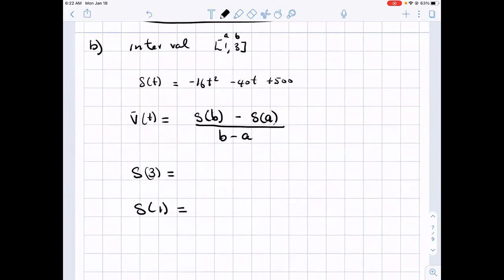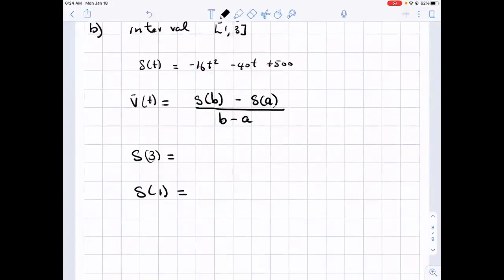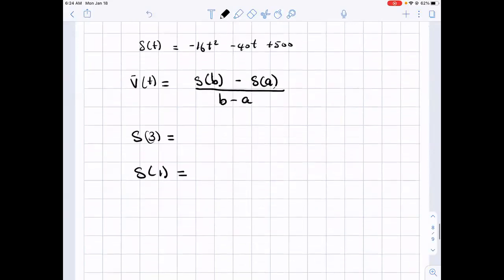Take a minute and figure that out. Once you figure out those values, I believe when I did this, S of 1 was 444, and S of 3 was approximately 236.28. So check back these two numbers to make sure they're correct.